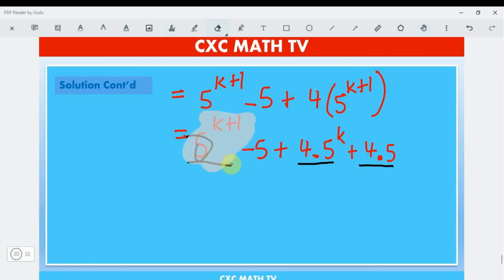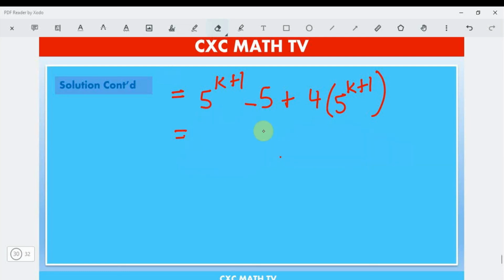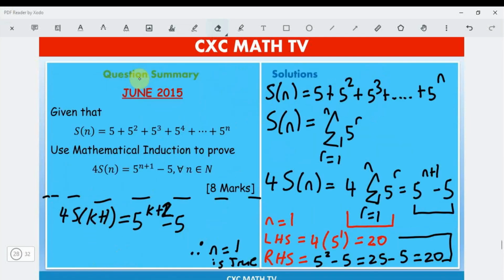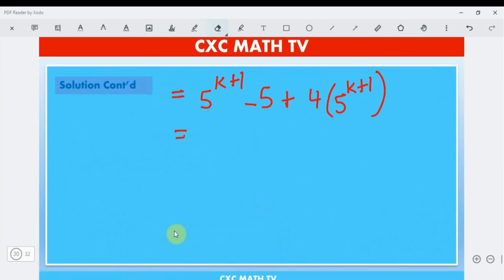No worries, guys. Because we didn't write down what we're supposed to get, I put it in a step that you don't necessarily need to have. So come back right here. This is what you're supposed to get: 5 to the k plus 2 minus 5.